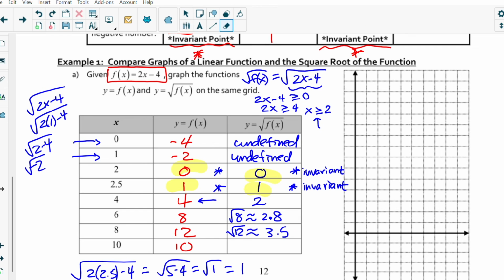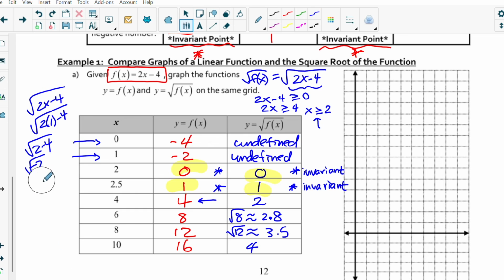What's the square root of, oops, oh man, that's a mistake right here. That's not 10. That is 16, folks. Okay, so next one, square root of 16, well, that is just 4. Okay, so let me clean a little bit of this up here.